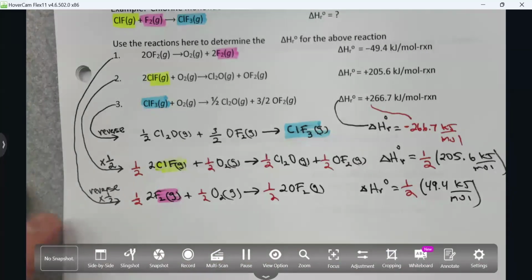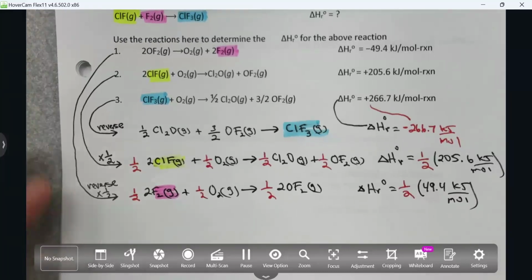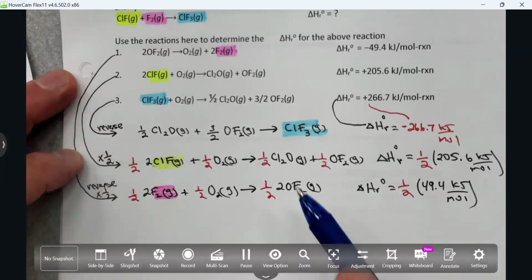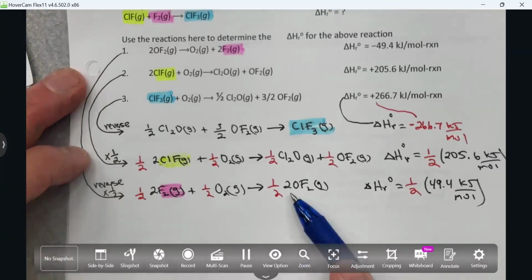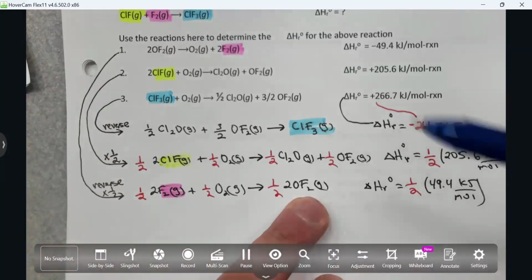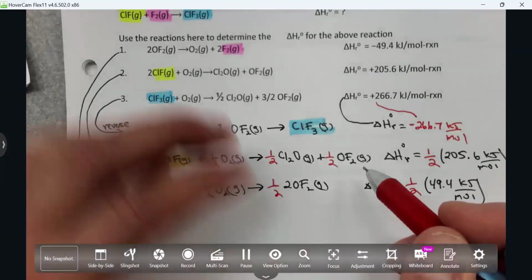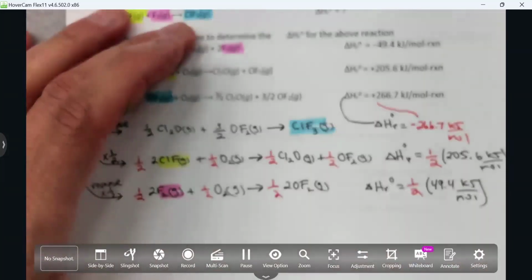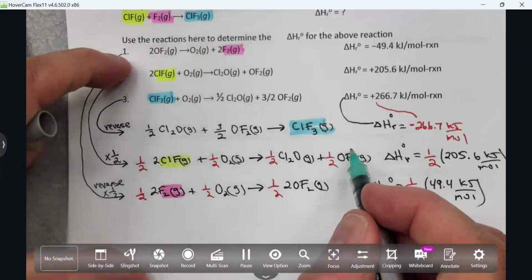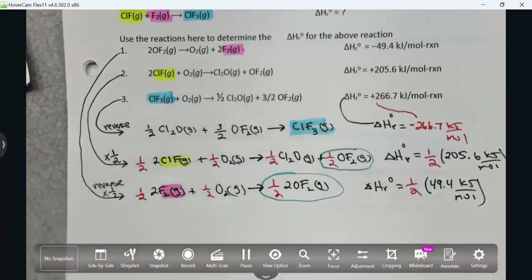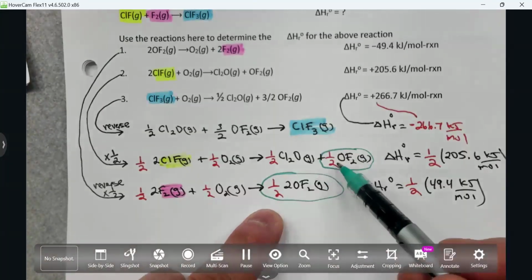All right, let's see what we got here. This is 1 OF2. This is 1/2 OF2. I'm going to circle this in green here. This is 3/2 OF2, right?